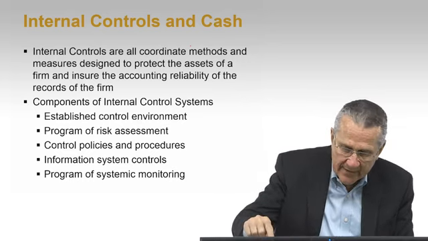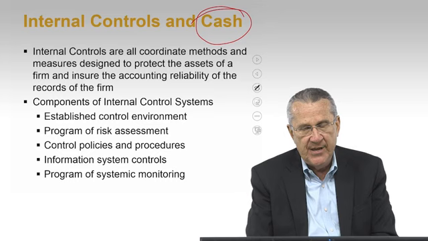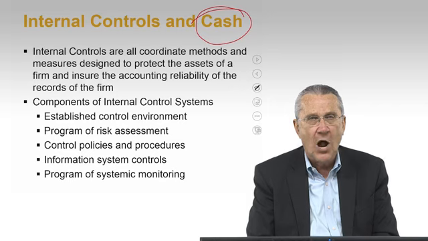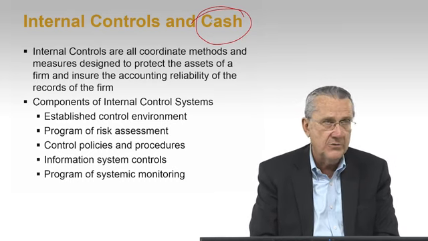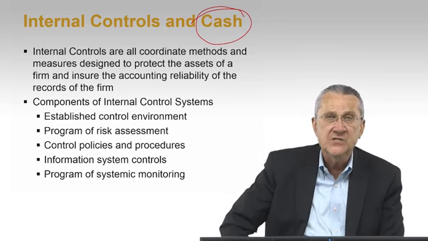Now, we talk about internal controls in the context of cash, quite frankly, because cash is the ultimate internal control problem. By its nature, it's impossible to identify currency as being yours or mine other than by knowing who has possession.